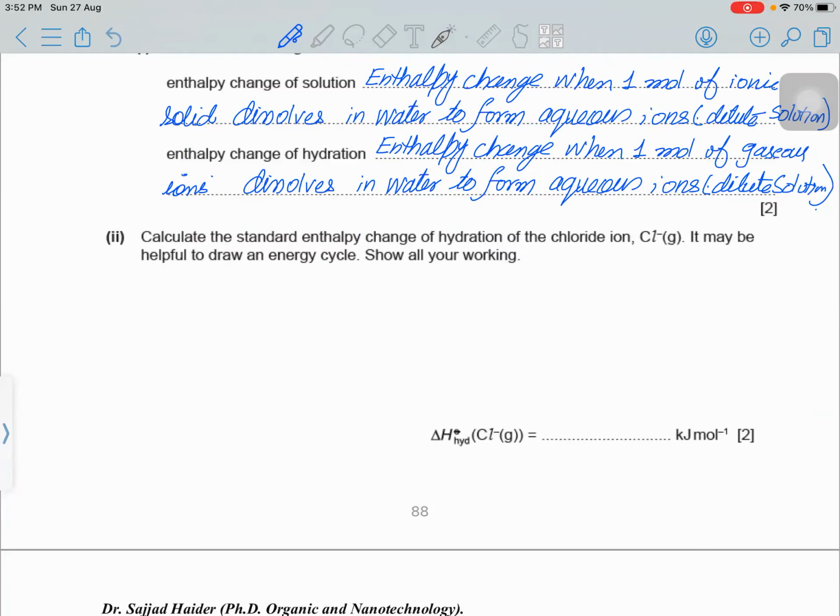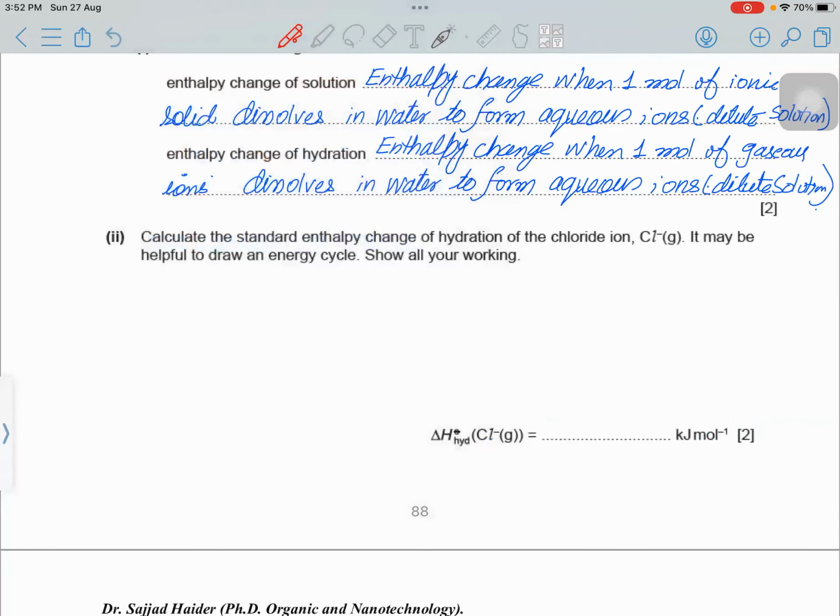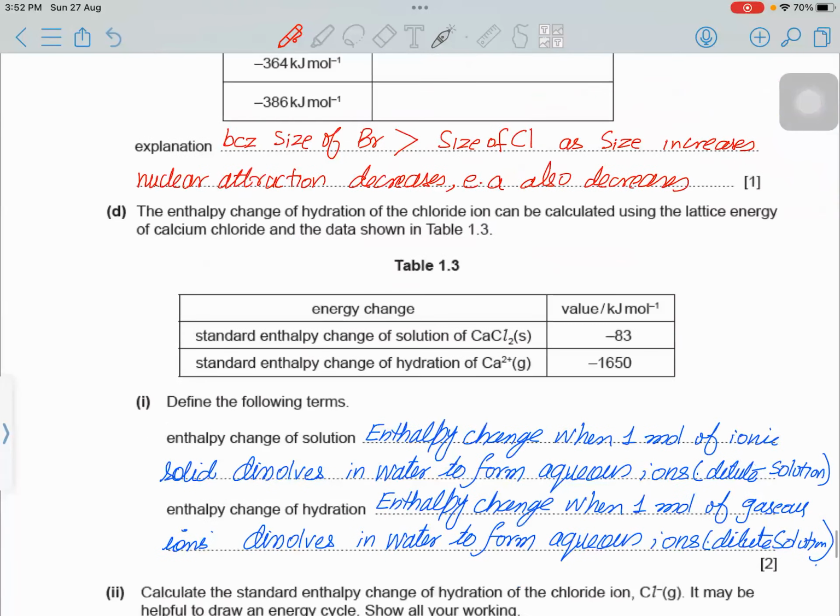Now next part, calculate the standard enthalpy change of hydration of the chloride ion. So we know that hydration energy is equal to lattice energy plus solution. The salt is calcium chloride.